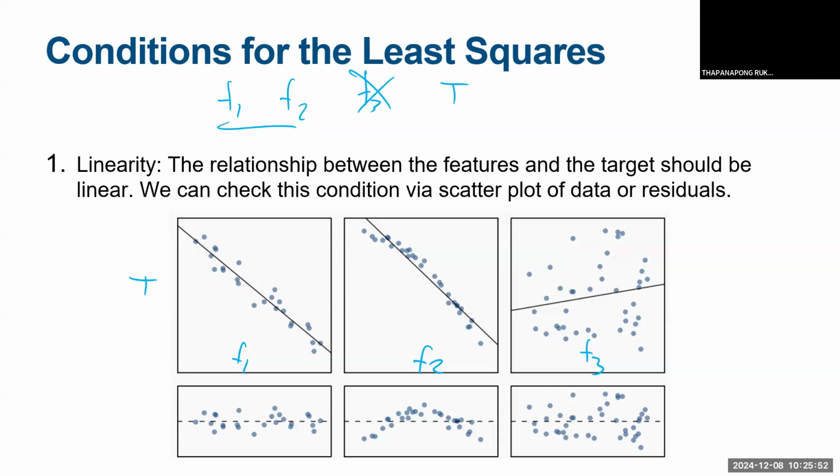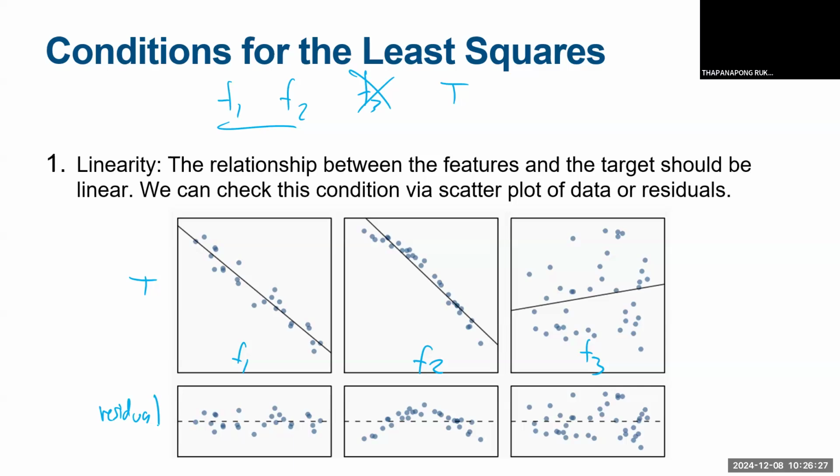Another point is the bottom one. The bottom one is the residue. So what is the residue plot? It's basically you have the regression line, right? You plot the difference of each point to the line, right? The bottom one is still going to be F1.